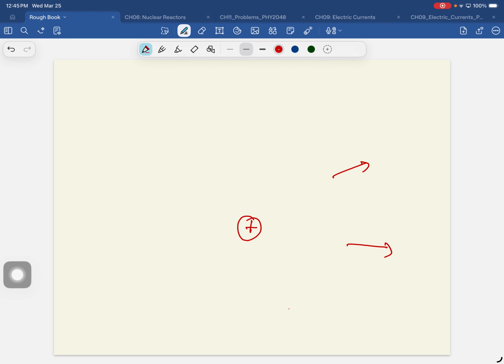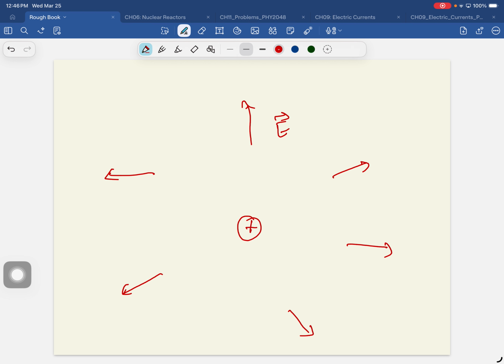This charged particle produces an electric field around it. Now let me say there's an electric field in this room. How do you detect the electric field? Measuring the force experienced by a charged particle. Exactly. A charged particle produces an electric field, and to detect that electric field, you need a charged particle.